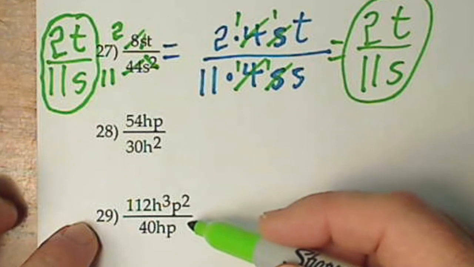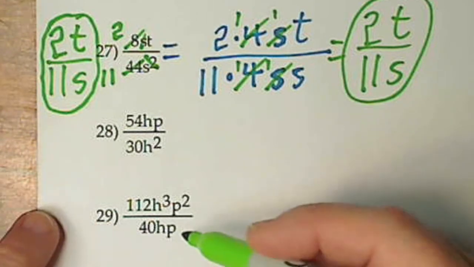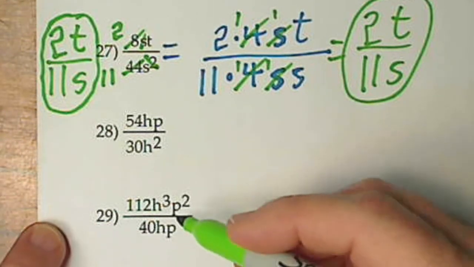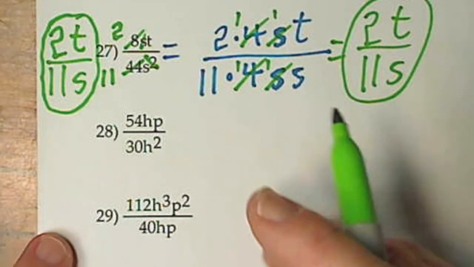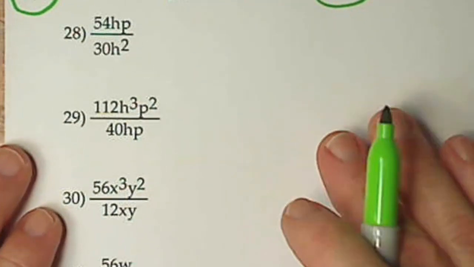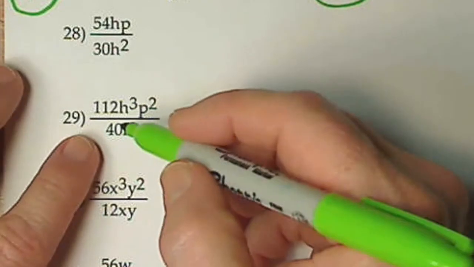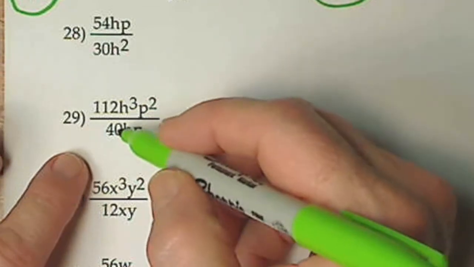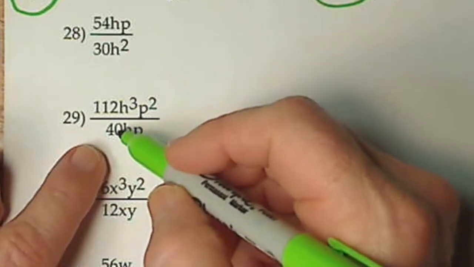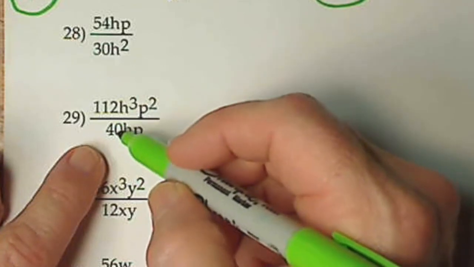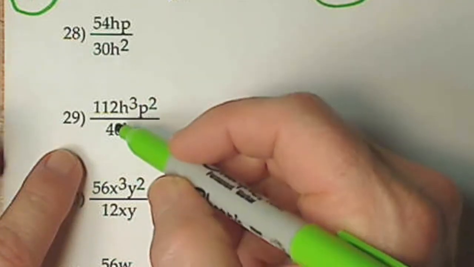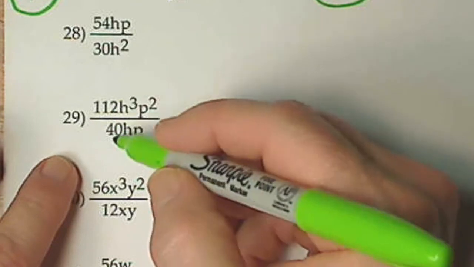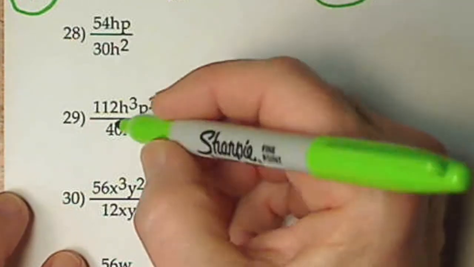Yeah, this might look a little bit intimidating. So I'm going to cancel it the way I like to, though. I know a 5 will go in there, but not there. 3 won't. 10 won't. 12. Well, I'll see what happens just cutting it in half.